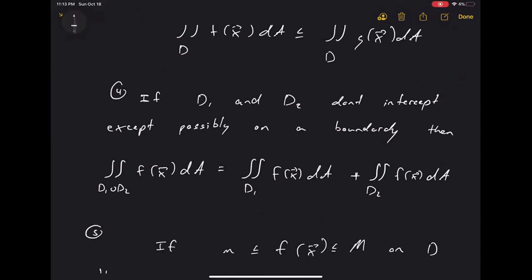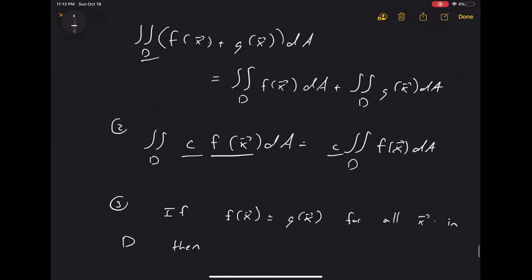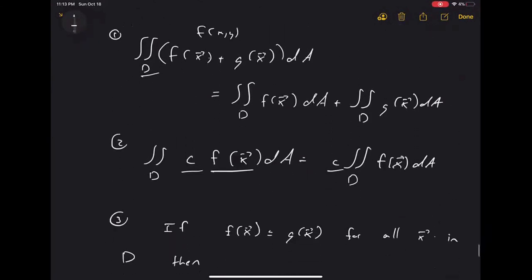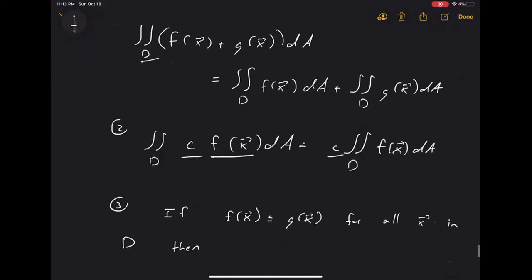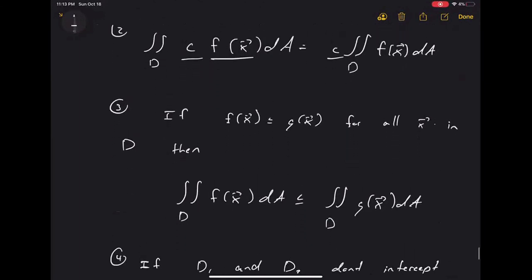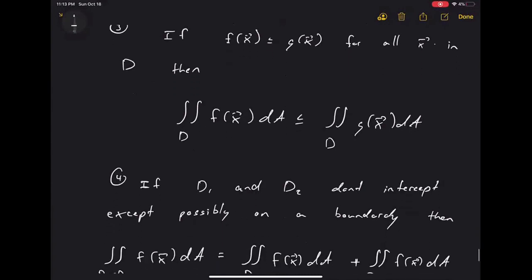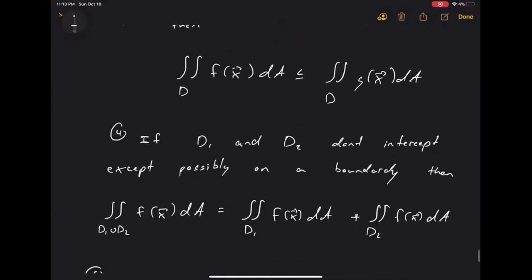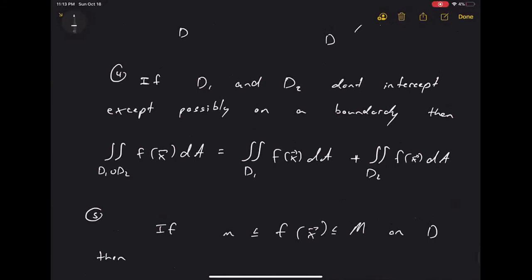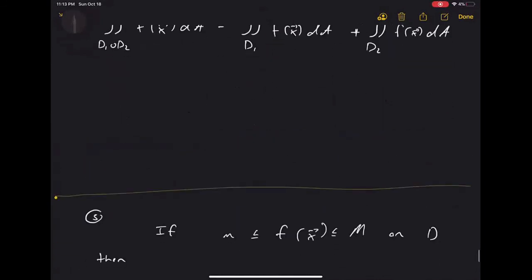This number 4 is probably, let's see, numbers 1 and 2 you should be pretty familiar with, maybe already kind of know intuitively. Number 3 you may or may not use very often. It's good to know. Number 4 might come in very handy. Let's first talk about number 4.